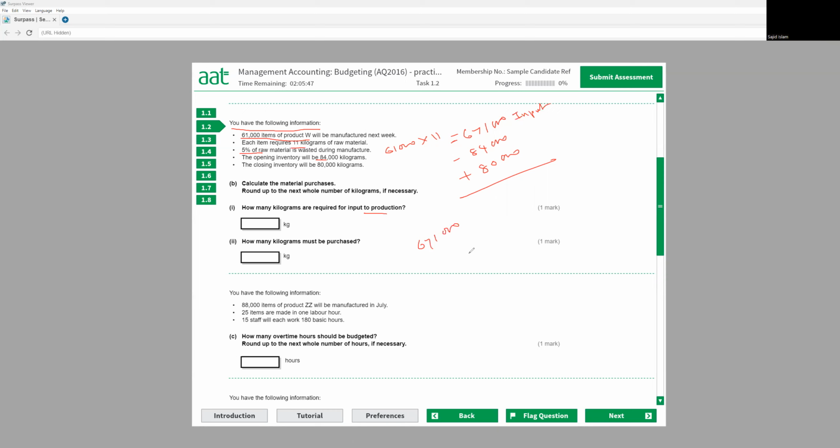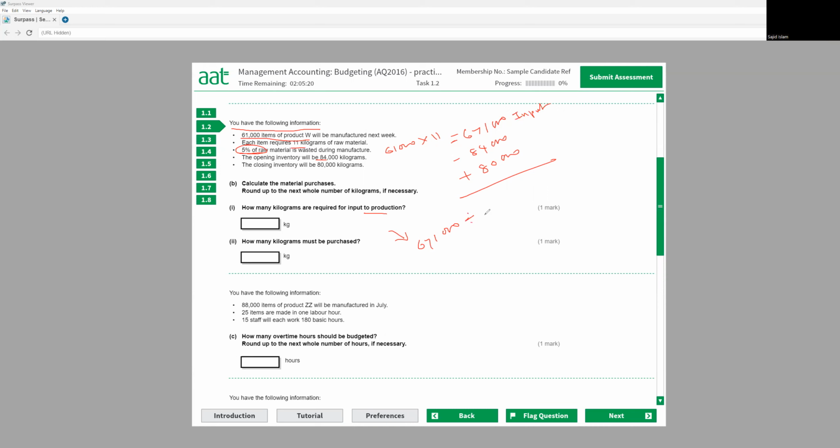So how many I need to put inside of the machine to get 671,000. That means I need to put a little bit extra because 5% will be wasted during the process. So if I put, for example, 12 kilos, I get 10 kilos. So I need net 671,000 kilos.